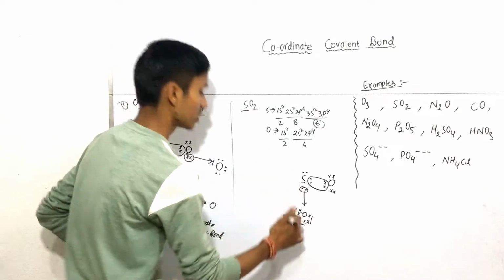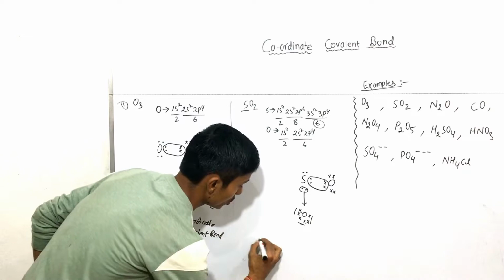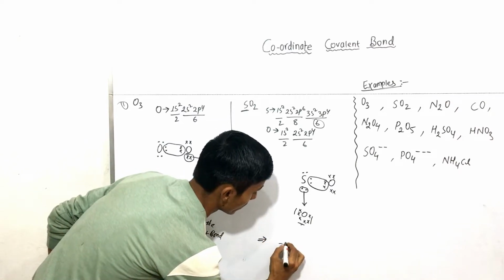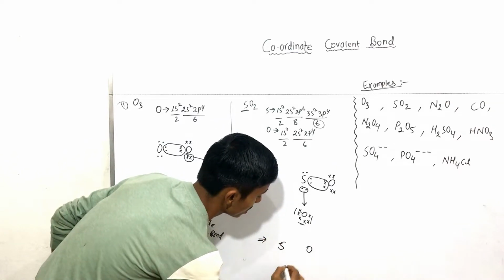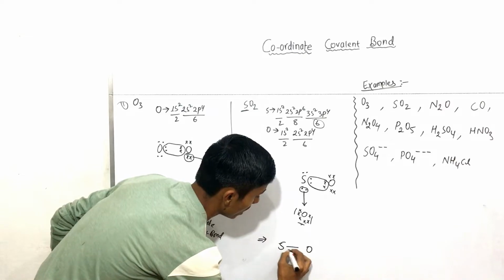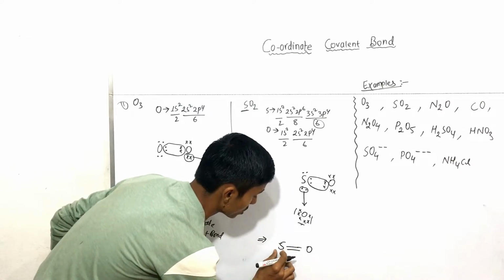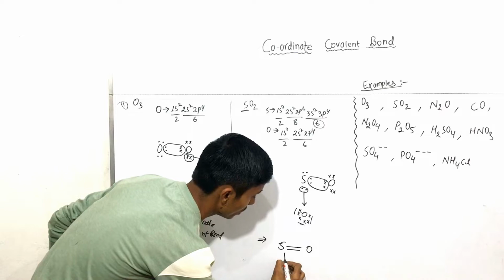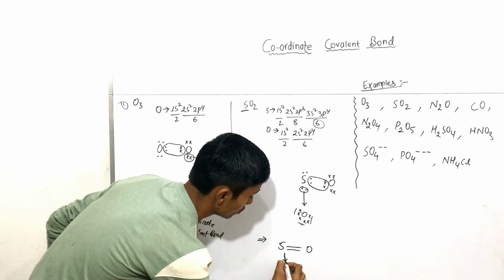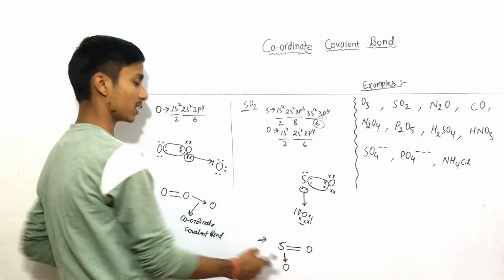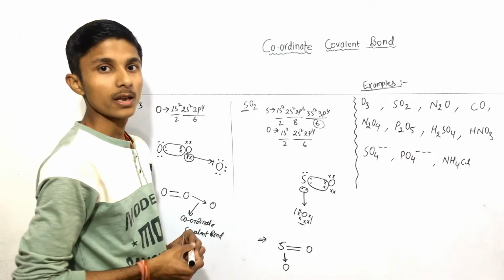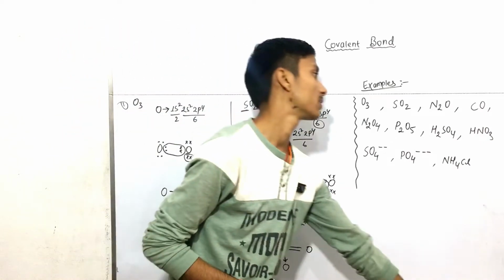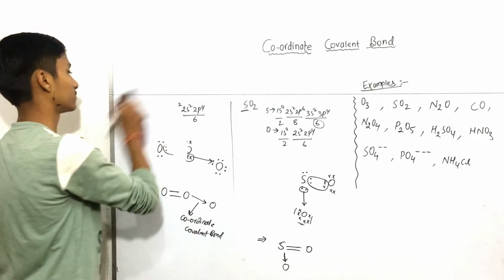So here the bond is denoted like this. Here sulfur, oxygen and oxygen. So a covalent bond between this sulfur atom and oxygen atom, and one coordinate covalent bond between this sulfur atom and this oxygen atom. And now we take the third example, that is N2O.